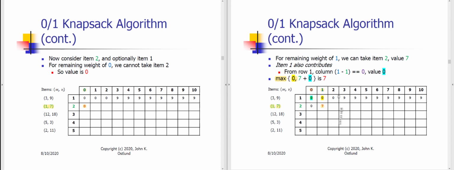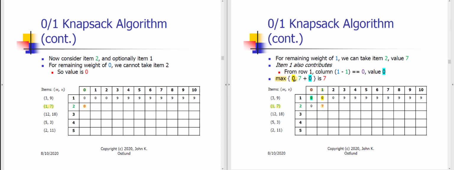So column 1 minus the weight of item 2 gets us to column 0, and the maximum value that we could achieve by considering item 1 at that point was 0.